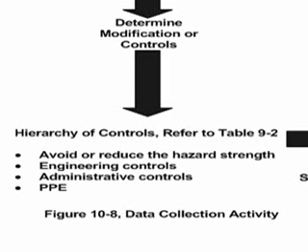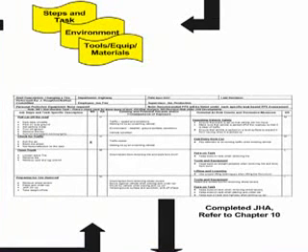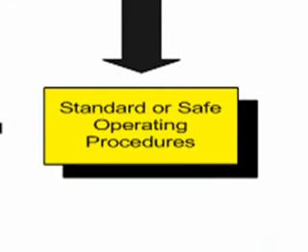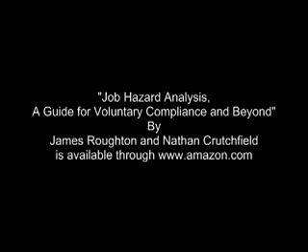Then we will move into the actual development of the job hazard analysis, and from the job hazard analysis develop standard operating procedures that incorporate safety right into the training and management of the job itself. We will continue the process in our future discussions and work our way through job hazard analysis, a guide for voluntary compliance, and beyond.